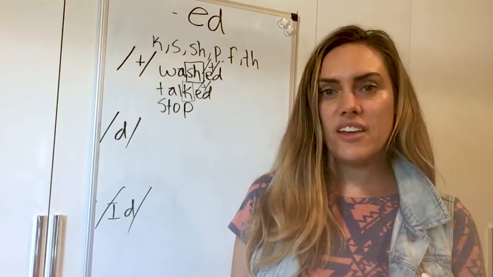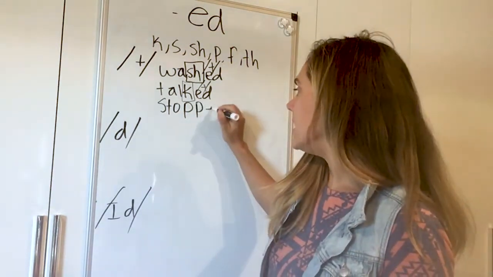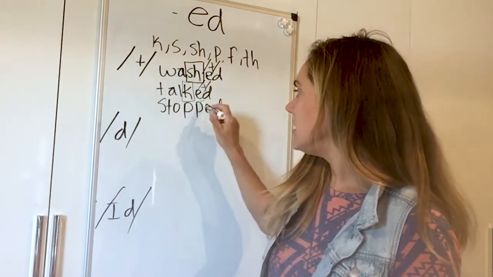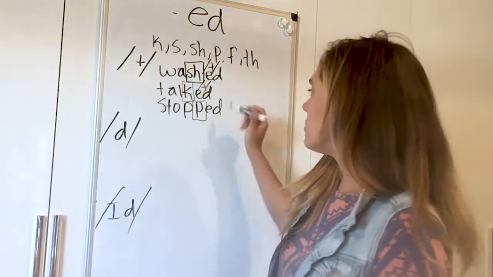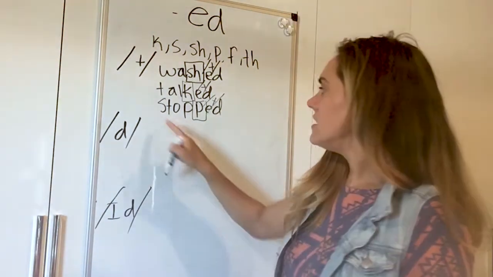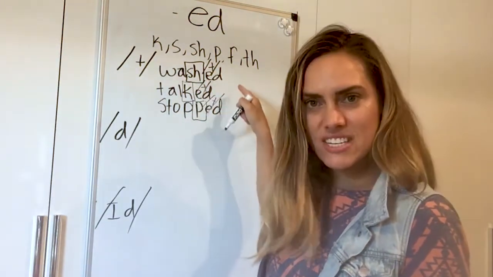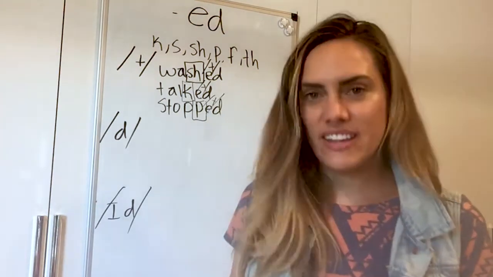There's many, many words in English that end with a voiceless sound. We want to add -ed, okay? So look before -ed. What is that sound? P, p, p, voiceless. So we're going to add t: stopped, talked, washed. It's not washed. It's not talked.